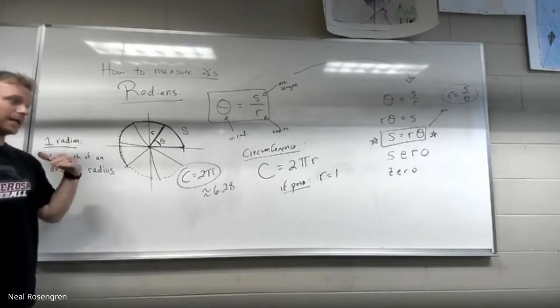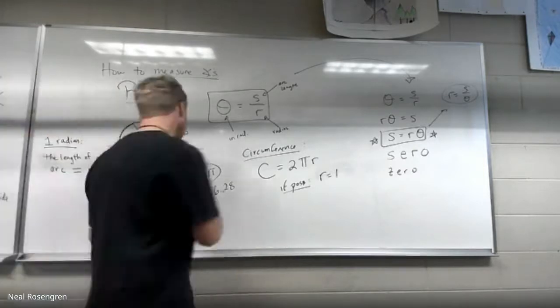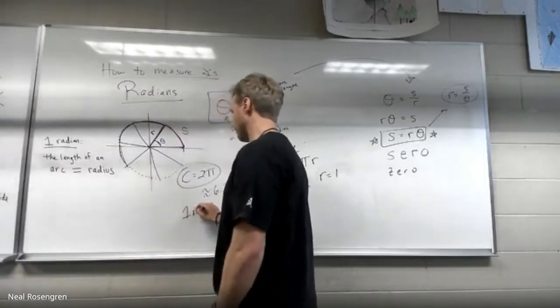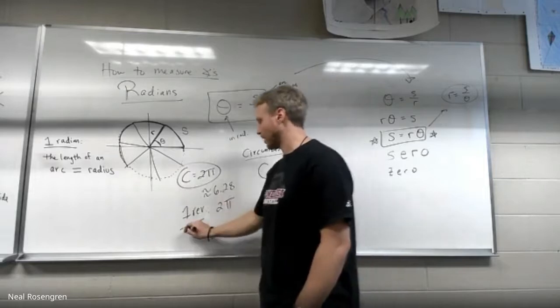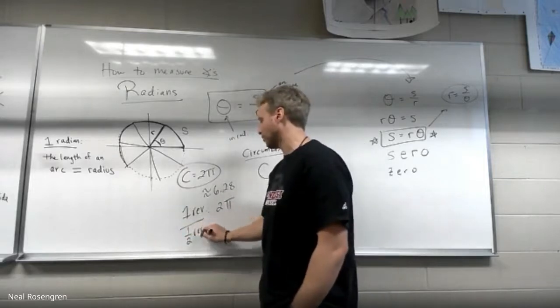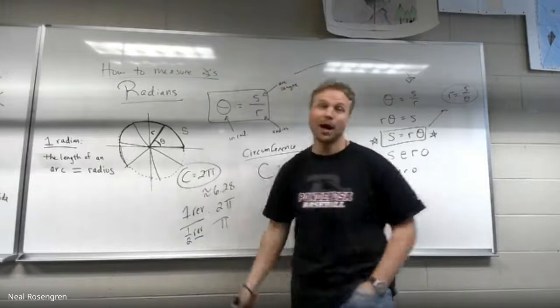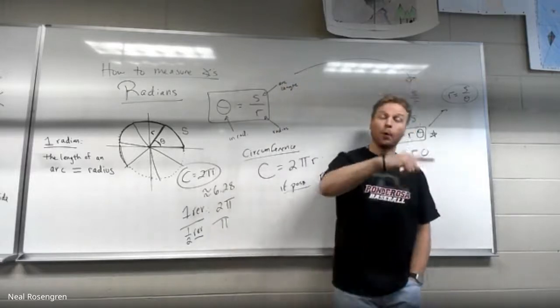Because I can take one full revolution around the circle, which is going to be 2 pi. So if I only wanted to go halfway around, okay, well, that's just pi, right? That's how far that point is going to move.